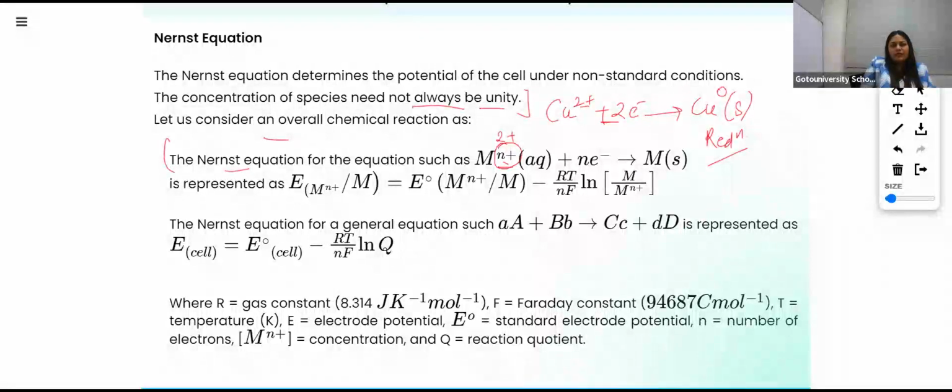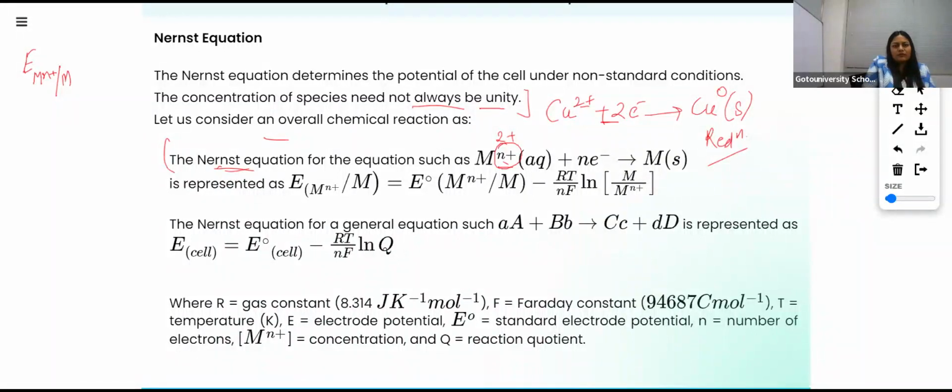So how do we write such a reaction in a Nernst equation? We represent it as E, for electrode potential. Here in the given reaction, M n positive is getting reduced. It is gaining electrons.